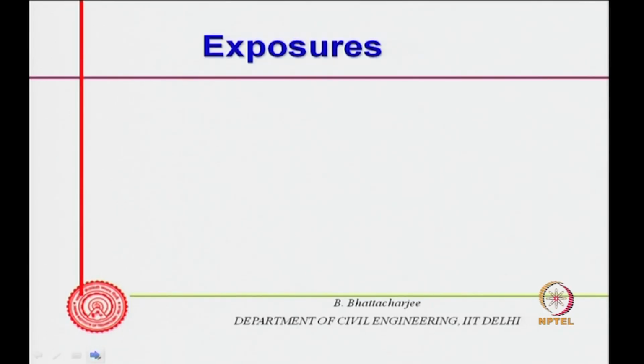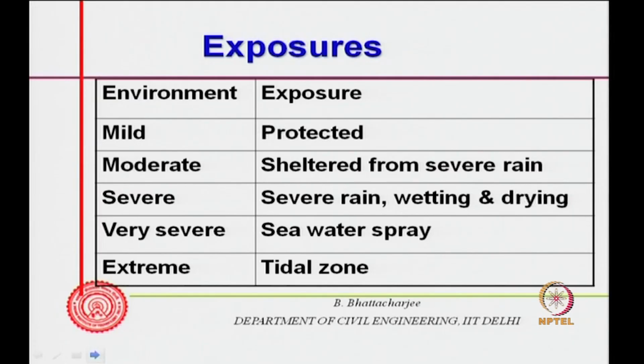Table 5 gives you exposure: mild, which is protected. This is just part of the definitions I have picked up; more detailed definitions are available in the code. Moderate is sheltered from severe rain, wetting and drying; severe is a severe environment; very severe is seawater spray; extreme is the tidal zone.